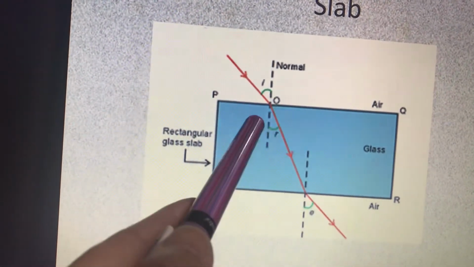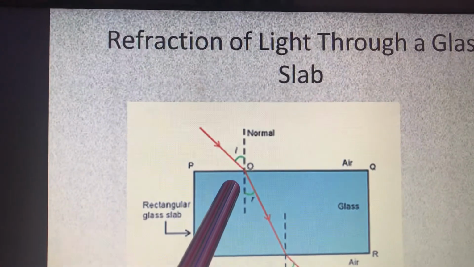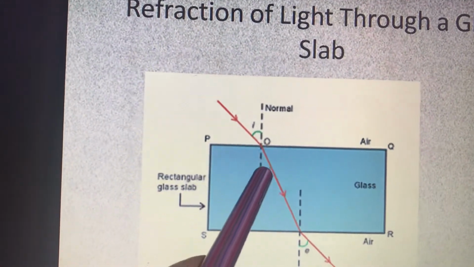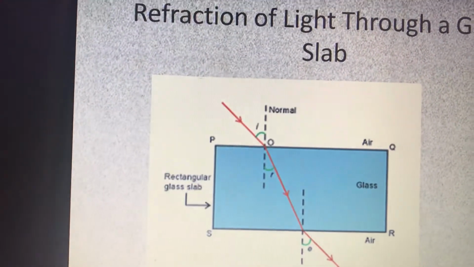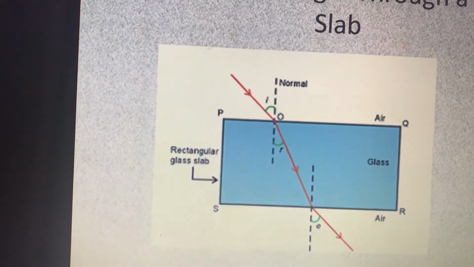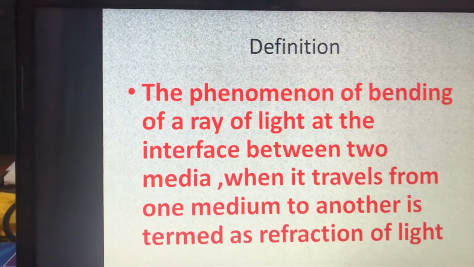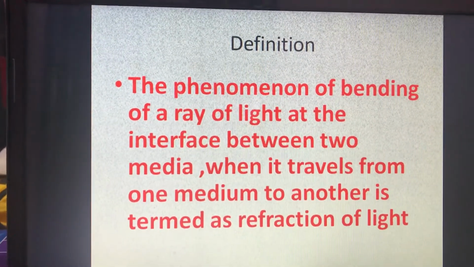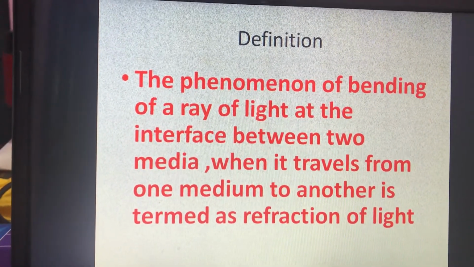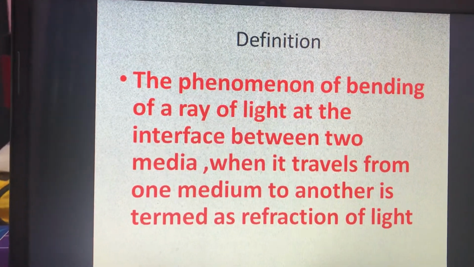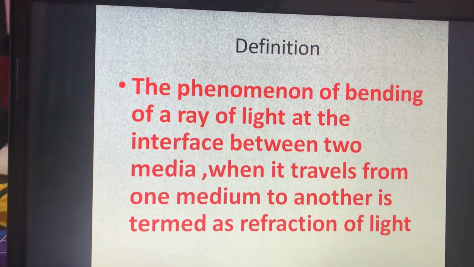So this you have to remember. This is refraction through a glass lamp. So the definition: the phenomenon of bending of a ray of light at the interface between two media when it travels from one medium to another is termed as refraction of light.